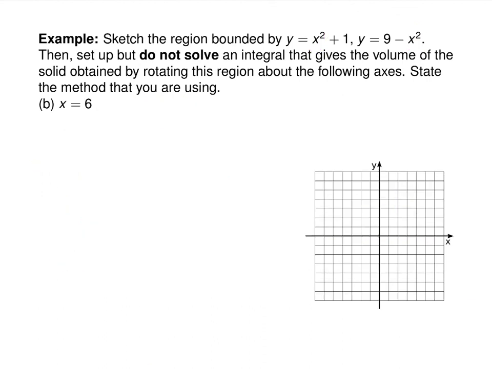Okay, now same region, but vertical axis of rotation instead. So x squared plus 1, 9 minus x squared, x equals 6.